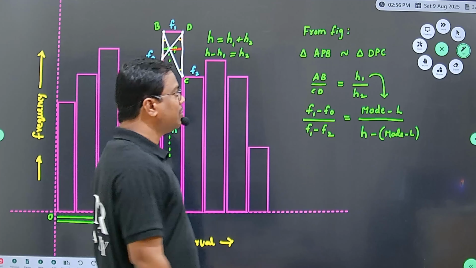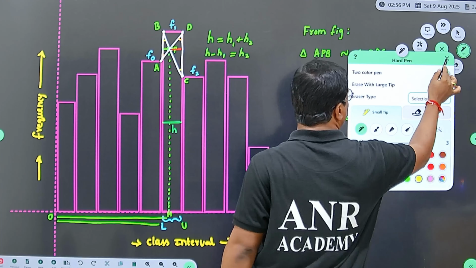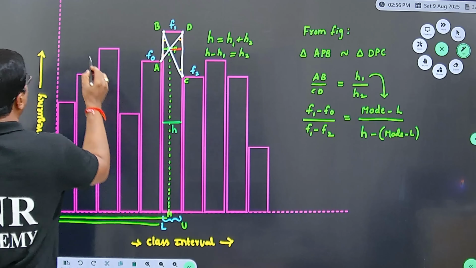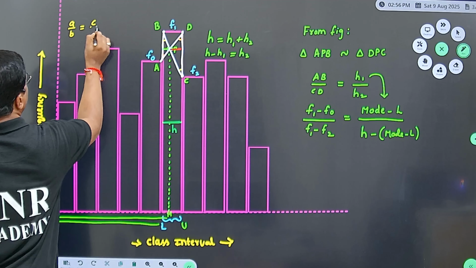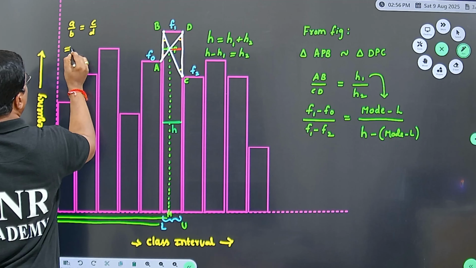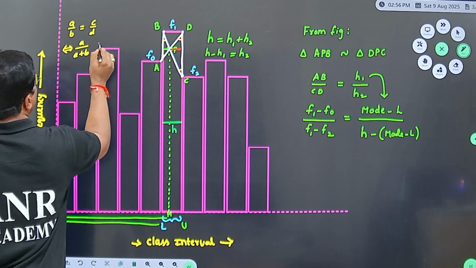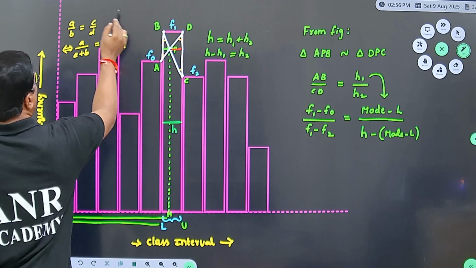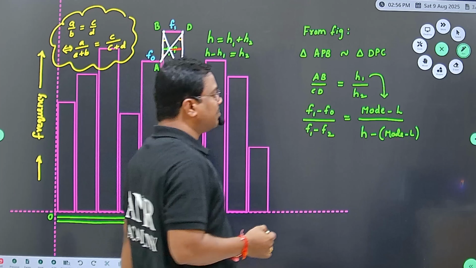I am going to use the property of ratio and proportion, that is, if suppose A by B equals C by D, then by ratio proportion I can write A by A plus B, which is equal to C by C plus D. I am going to use this result now. Let us observe what happens.